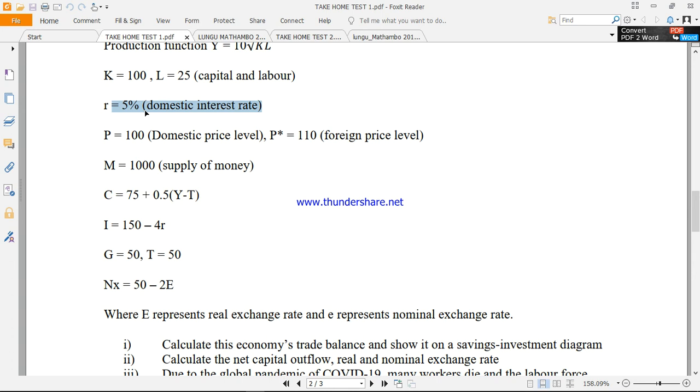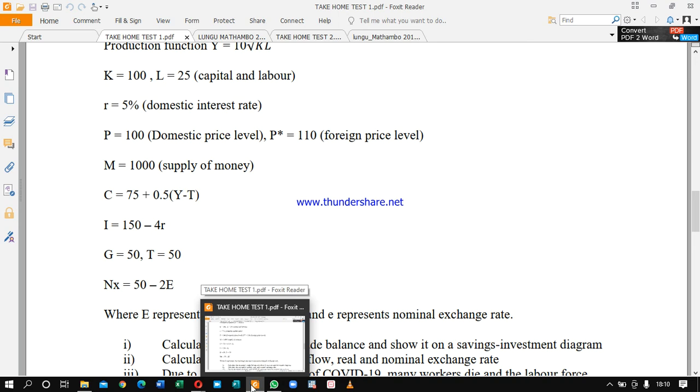What they mean is this 5% is for the domestic interest rate. I'm not talking about real and nominal. So it doesn't mean I have to multiply by 5%. It's not 5% of the domestic interest rate. It's just 5%, and in brackets it's telling us it's the domestic interest rate. Perfect. Alright, thank you. You're welcome.